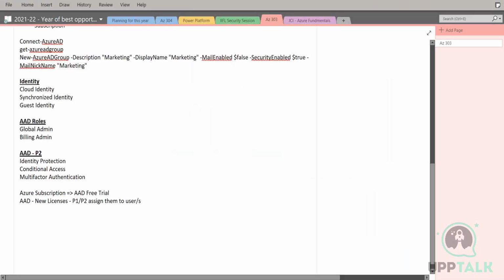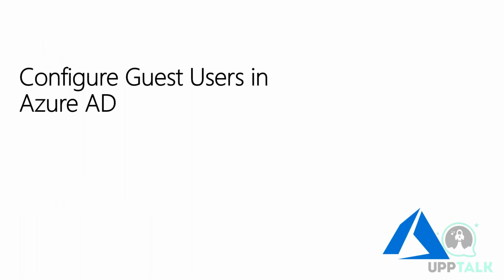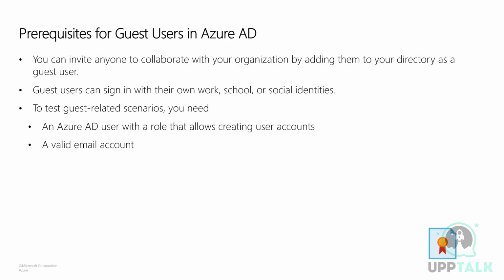If you recall, while we were discussing identity, we mentioned cloud identity, we mentioned synchronized identity, and the third identity we mentioned was guest identity. So how do you create this guest identity? That is what is covered in this particular module. In terms of guest identity, you have to send an invitation to a given user.